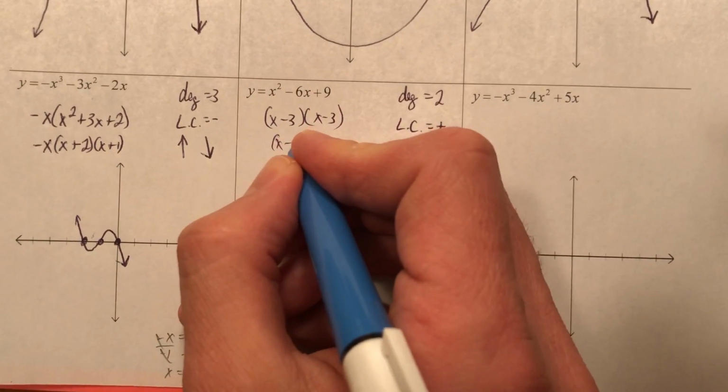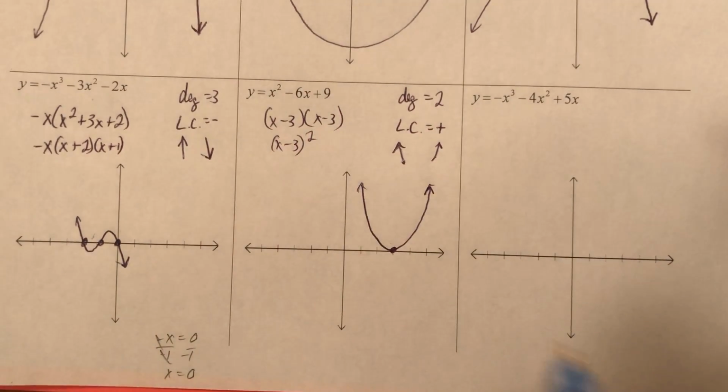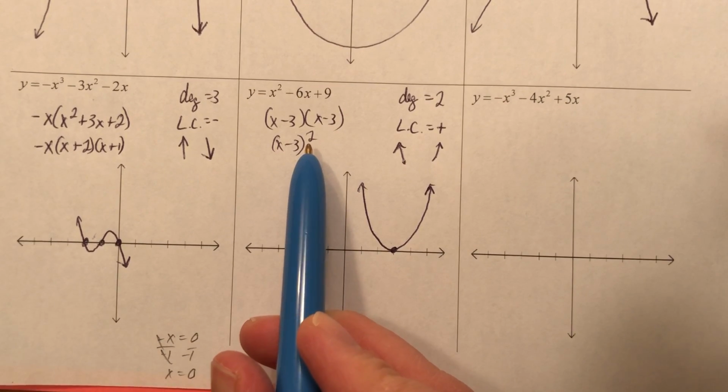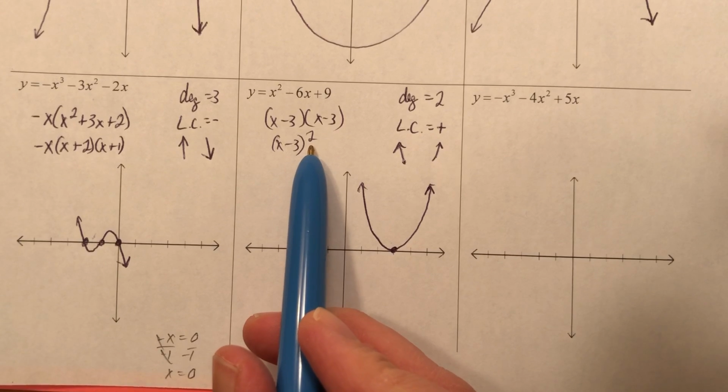Technically, it's really like (x minus 3) squared. And this is what we consider to be a double root. It has a multiplicity of 2, because it's a double root.